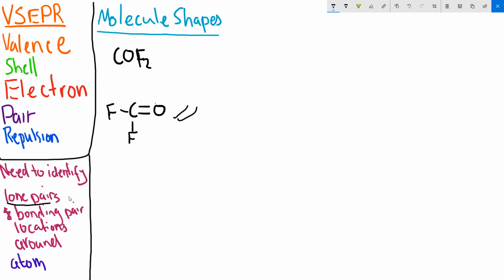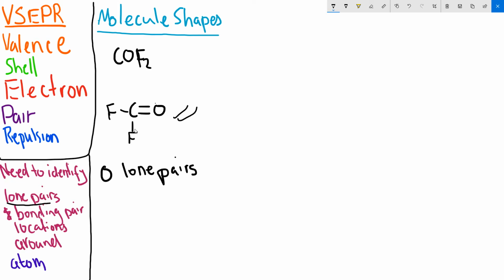I need to look for the lone and the bonding pair locations around the central atom, which in this case is carbon. When I look at this molecule, I have 0 lone pairs. I can see that because they're not represented there. All valence electrons are involved in a covalent bond.